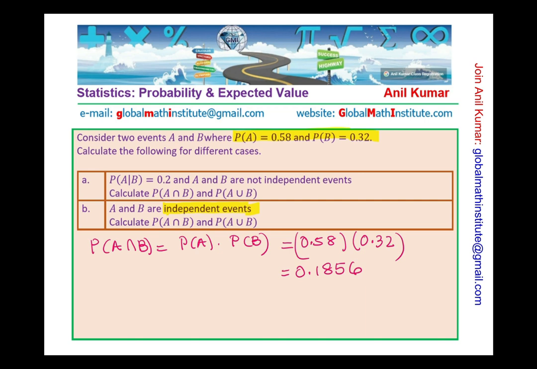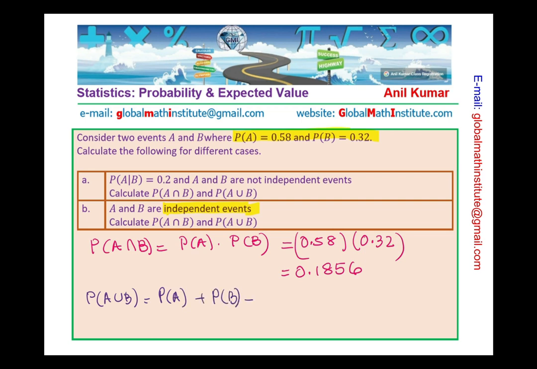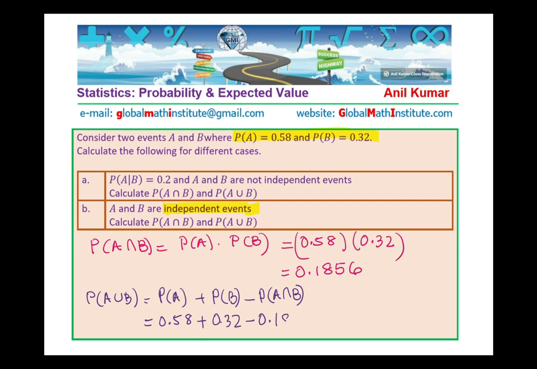You see, it is very different from what we got earlier, right? Now, let's find the probability of A union B. So, the probability of A union B will be probability of A plus probability of B minus probability of A intersection B. So, that is equal to 0.58 plus 0.32 minus 0.1856.